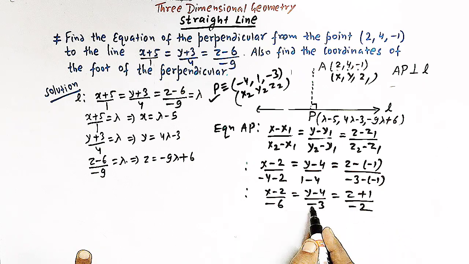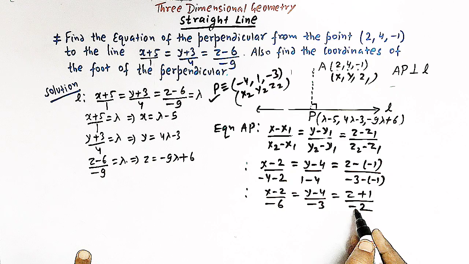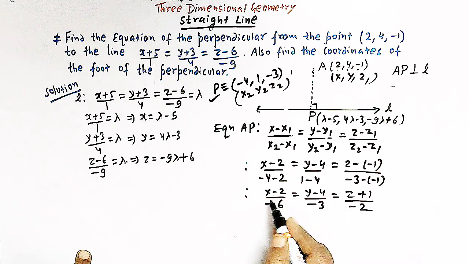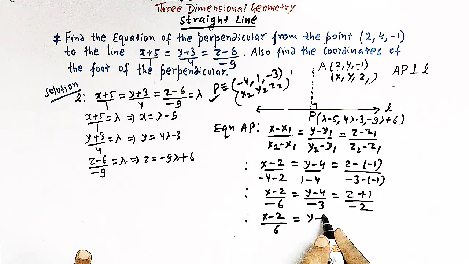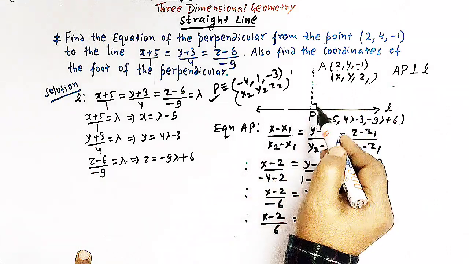And here we can see that these denominators have the negative sign. So eliminating this negative sign by multiplying throughout by minus 1, we can also write x minus 2 over 6, y minus 4 over 3, and z plus 1 over 2, right? So this is the required equation of this perpendicular AP.